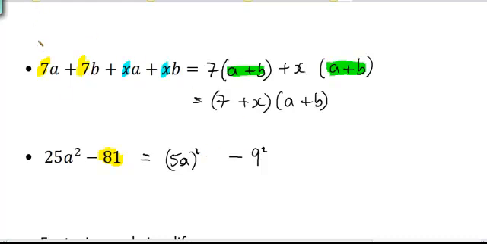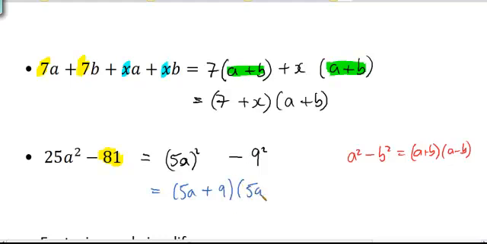Now there's a special thing when two things are squared and subtracted. It's the difference of two squares, and it's in the formula books. a squared minus b squared is equal to a plus b times a minus b. So I can go straight ahead and solve this. Instead of a, I've got 5a, so it's going to be 5a plus 9 times 5a minus 9.